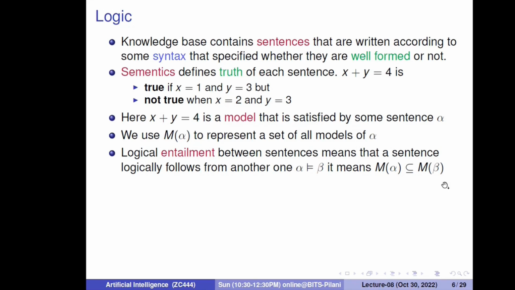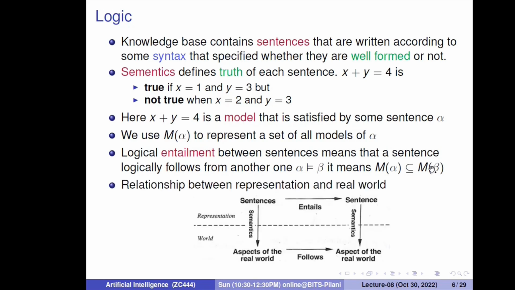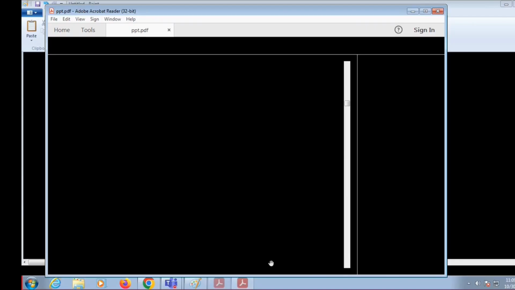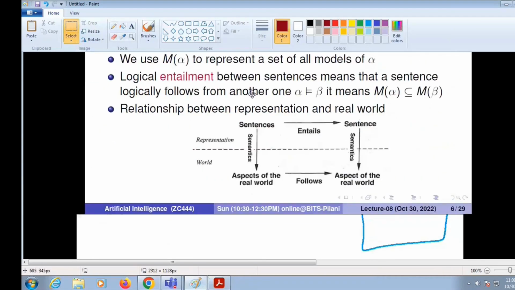So from alpha, if you derive beta, the things inside beta are more as compared to alpha. This diagram is very interesting, and you must understand this particular part. Here there is a line, and let me tell you, this diagram is very important and very easy to understand.